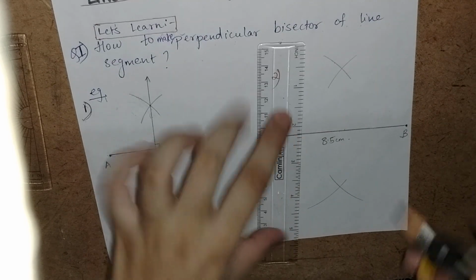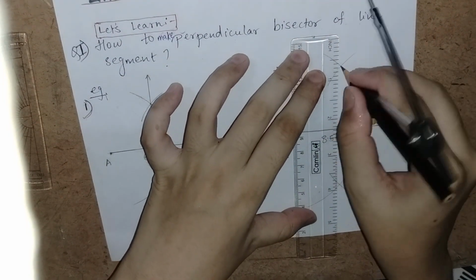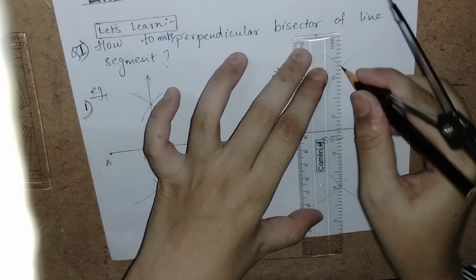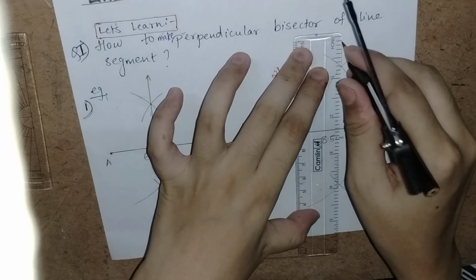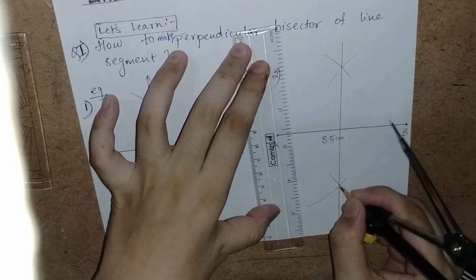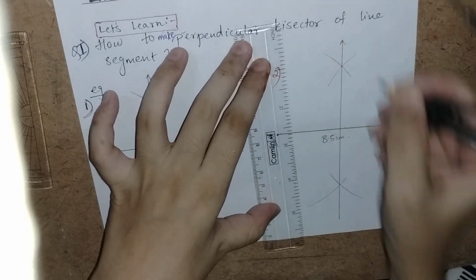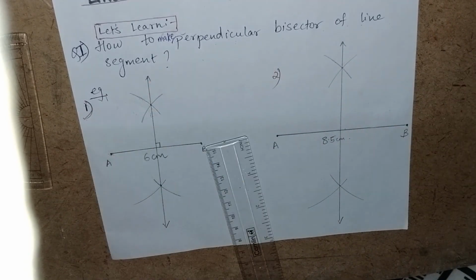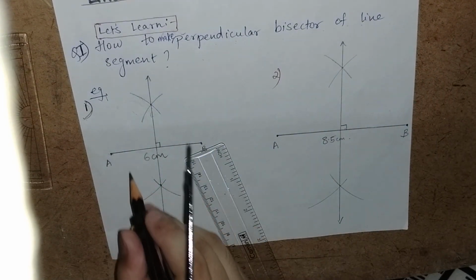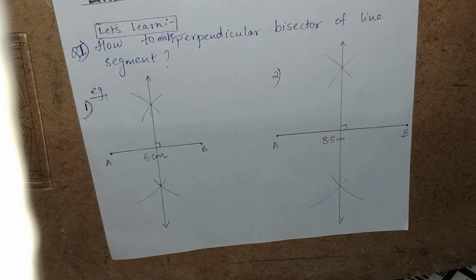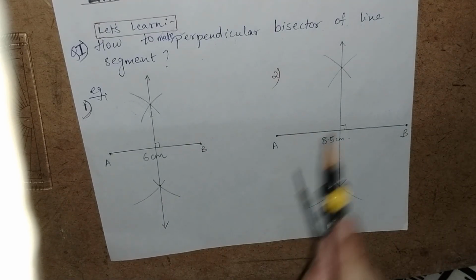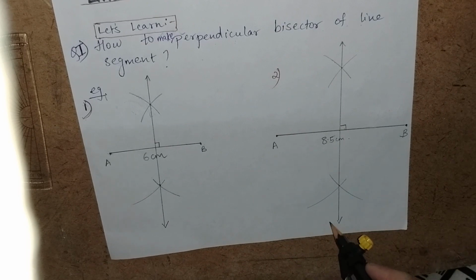We have to intersect, join these two points. Got it? So in this manner, you have to draw the perpendicular bisector of a line segment. Any line segment will be given. You have to construct it like this.